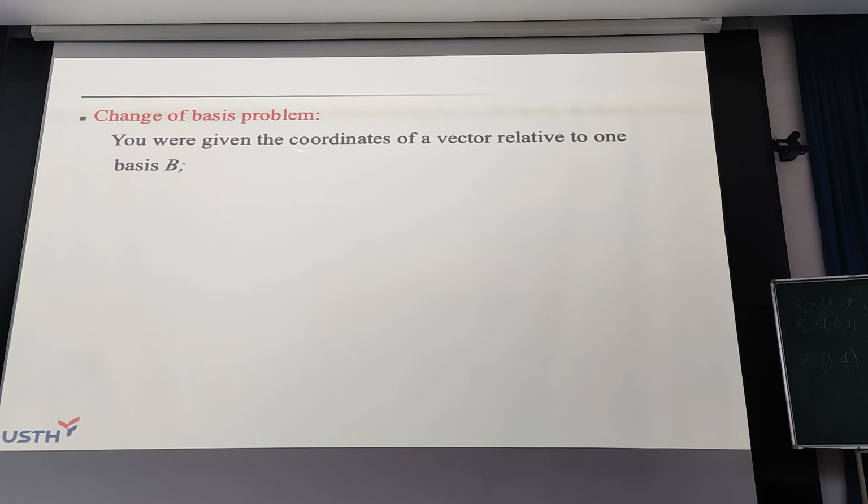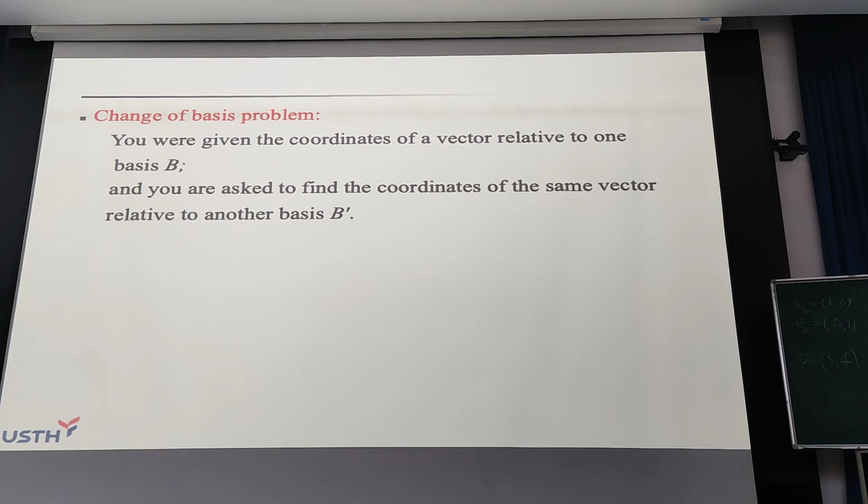Suppose that you are given the coordinate of a vector relative to one basis B, and you are required to find the coordinate of the same vector, but now relative to another basis B prime. How to do it?